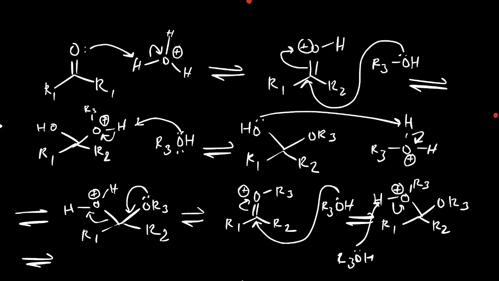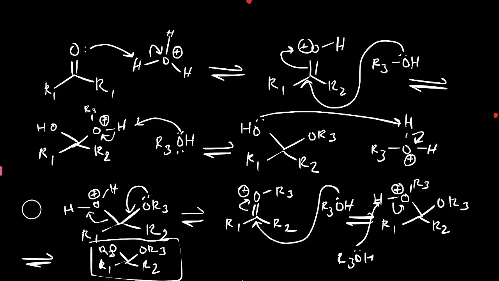Hopefully there's some room for this on the screen, but we will then be able to generate that acetal where we have our R1, R2, OR3, OR3. So it's a little crowded there on the bottom, but this here again now is our product. So this is the forward reaction for the synthesis of an acetal from a carbonyl.